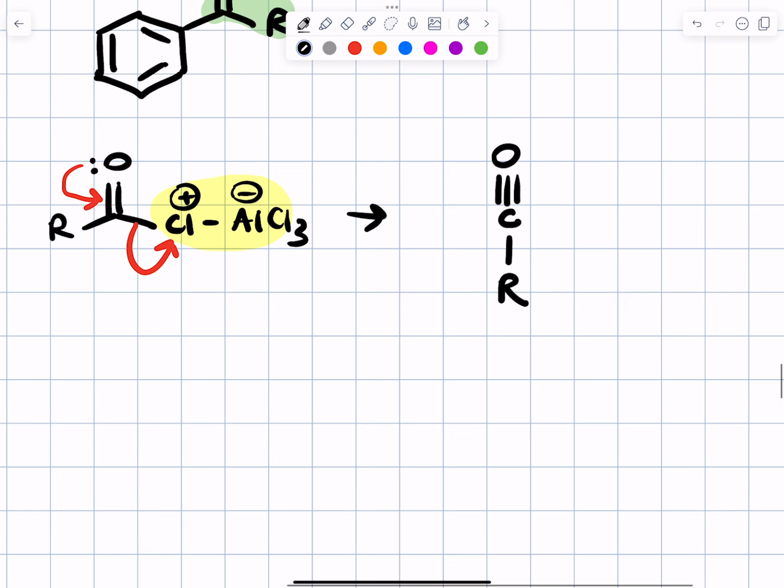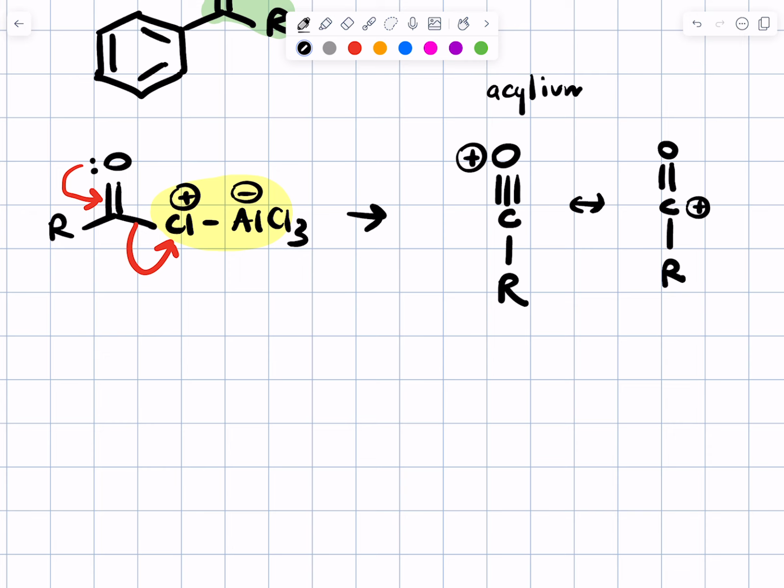It's bonded to only 2 different things, three bonds, 1 sigma and 2 pi. The oxygen has a positive formal charge, and you could also draw the resonance structure as that. And this intermediate is called an acylium ion, which is kind of a silly name, sorry.